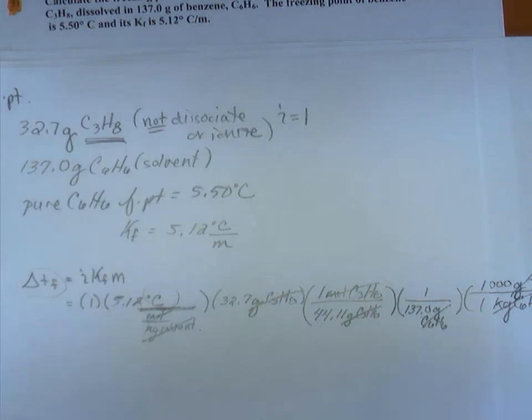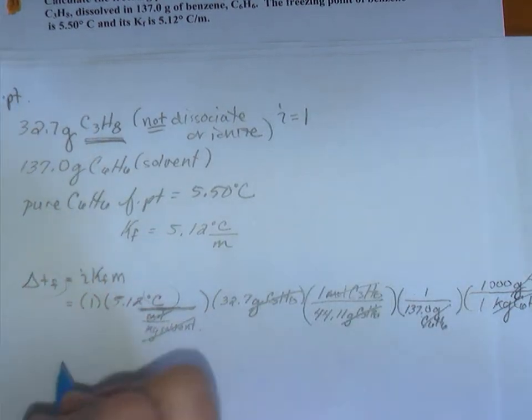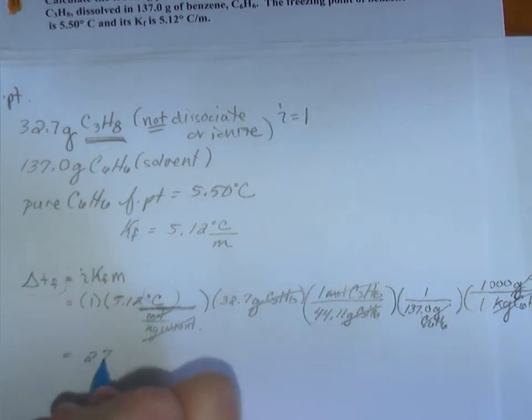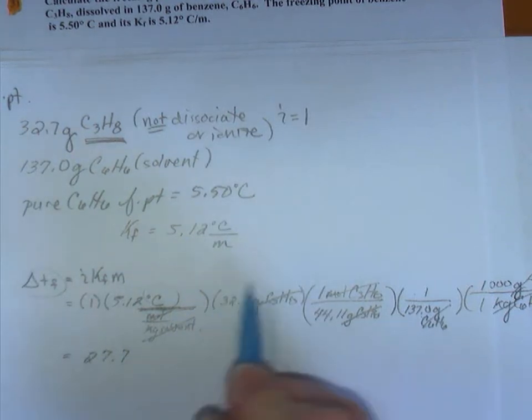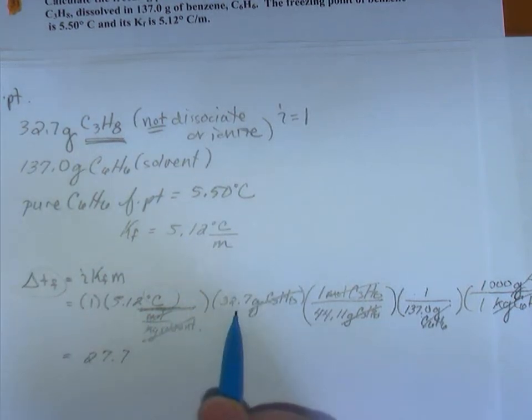So, quickly doing the math, I get 27.7. Now, this is an experimentally determined value. It can limit our sig figs. This, of course, so we have 3, 3. This has 4, so we're limited to 3. I'm just going to double check my math so quickly.